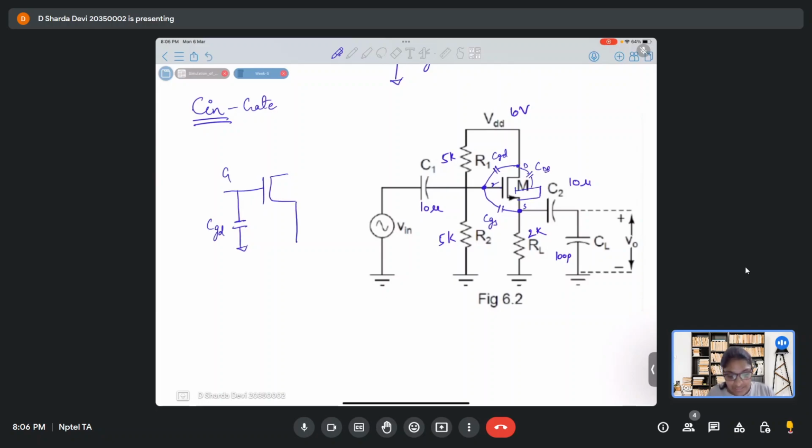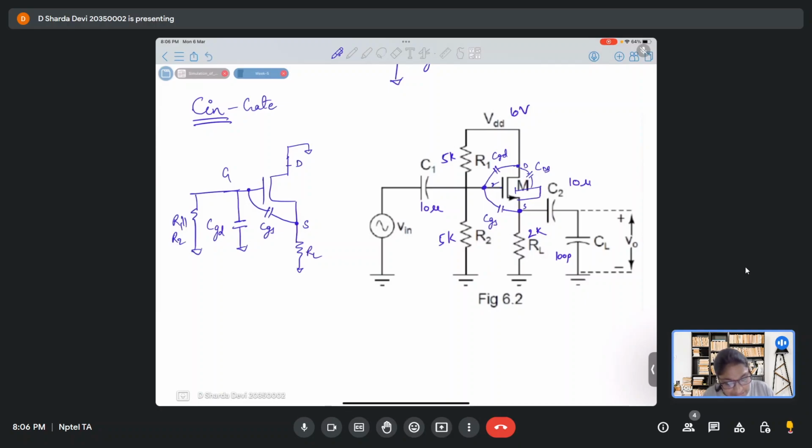It will look like this in this circuit. Why? Because drain is AC grounded, है ना? Yes, ma'am. And there is this capacitance which is CGS. It is between two AC nodes. Whereas यहाँ पे अगर resistance की बात करें तो it will be R1 parallel R2, है ना?